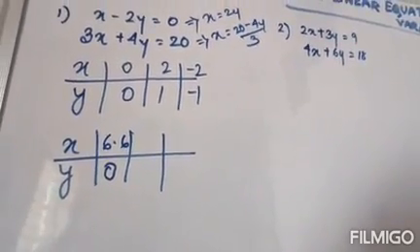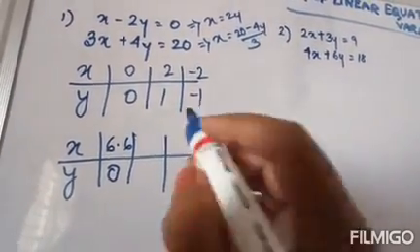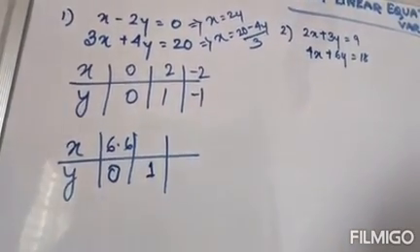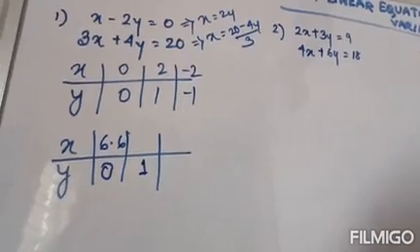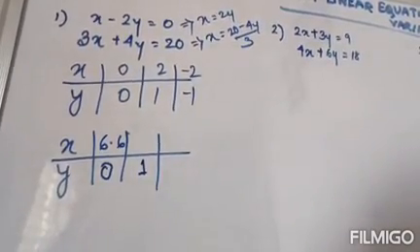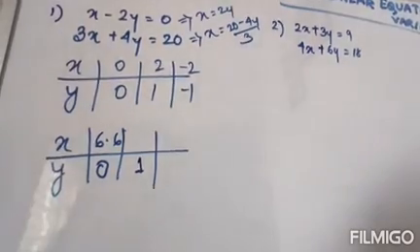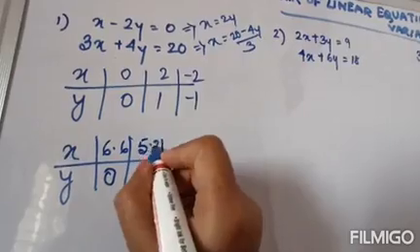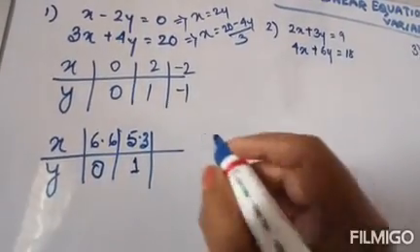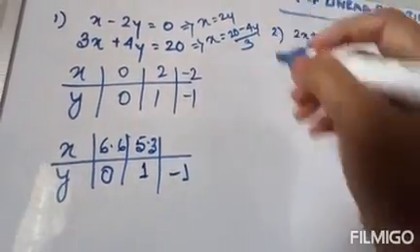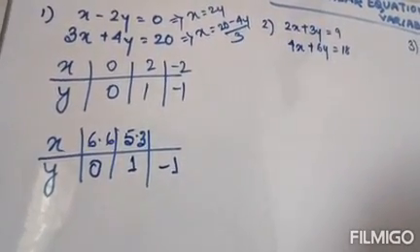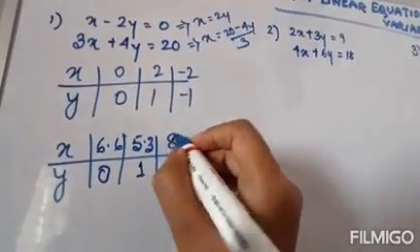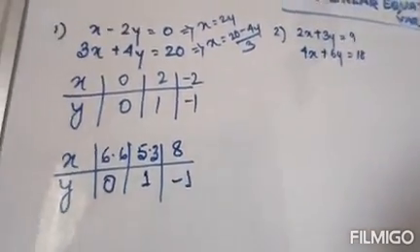When y's value is suppose 1, x's value will be 16 by 3, which means it will be like 5.3. And suppose I take minus 1, that means plus 24, so 8, correct? So I've got all the points.